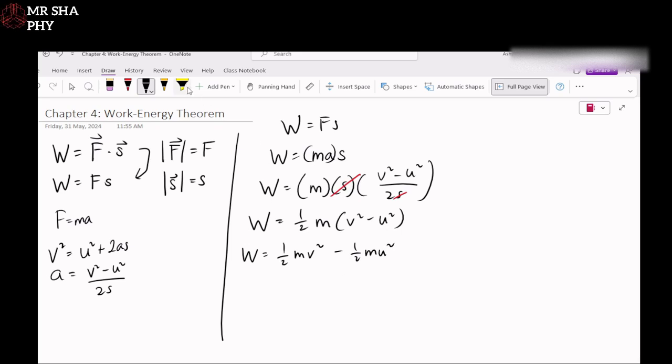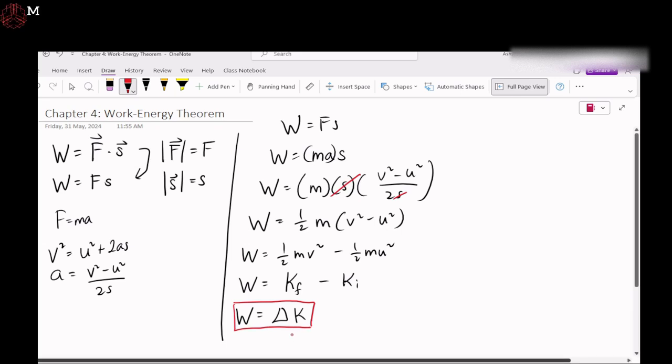Okay, and if you remember from the last part of this video, half mv squared is just the kinetic energy. So it is going to be the final kinetic energy minus the initial kinetic energy, right? So work done is simply the change in kinetic energy. This is the work energy theorem. The work energy theorem says that work done is simply equal to the change in kinetic energy.